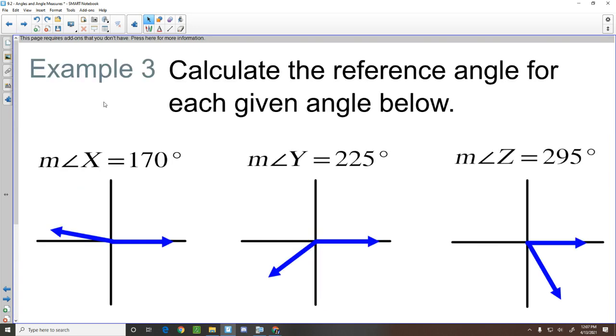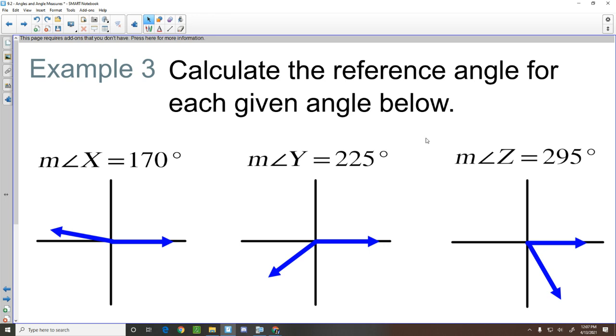So let's practice identifying these reference angles. I've got 3 angles here for you, angle X, Y, and Z. And they're the ones given to you in blue. I want you to calculate the reference angle for each of these 3. So remember, all you're doing is trying to calculate how many degrees away from the x-axis that angle actually is.